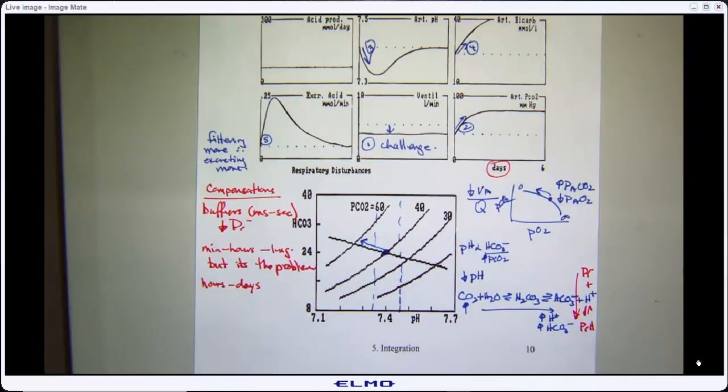What do we have the capacity to do? Sorry, say that again? Hemoglobin? So I guess the kidney doesn't actually have the capacity to increase hemoglobin, right? But what can the kidney do with hydrogen ion and bicarb?